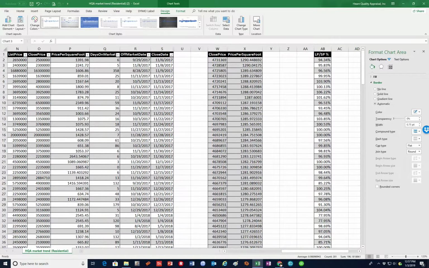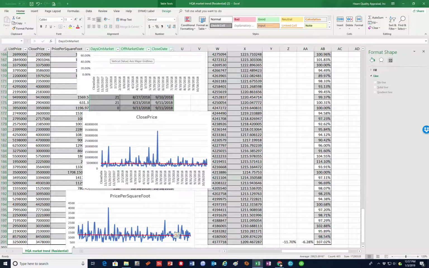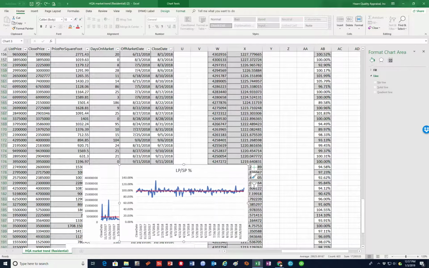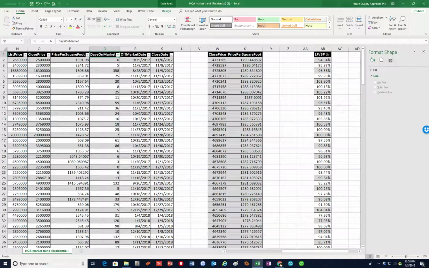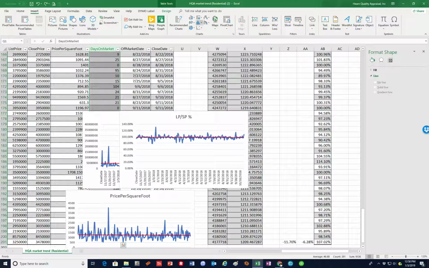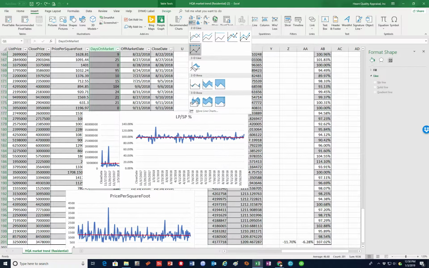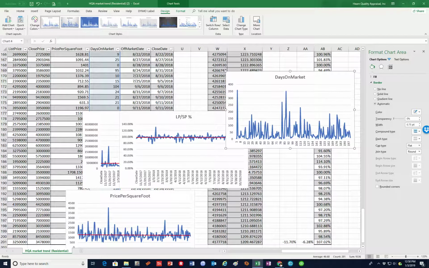We can also look at days on market. Let's graph that, see what's happening there. Oops. Wasn't right. Let's go back. So we'll highlight the column. We will insert a graph. Put it over here.